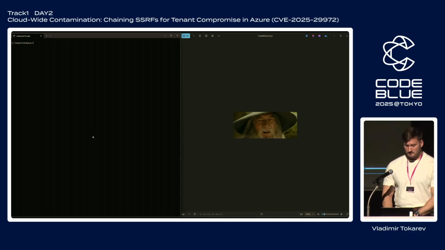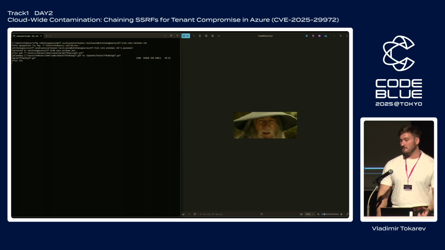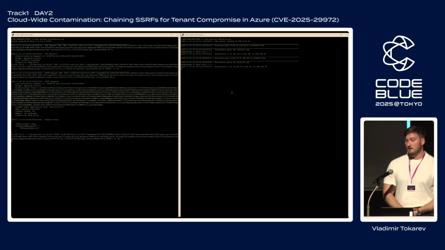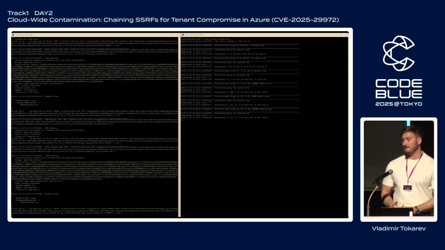And so, yeah, on the right side, we have the GIF of Gandalf shaking his head. I love Gandalf very much because this is why we have it. On the left side, we have SFTP, a victim user uploading this GIF into the SFTP. Now, the attacker attacks this SFTP account with the spray and pray for bind attack we talked about. Again, right side DNS, left side HTTP. Again, on the left side, we're waiting to see only a GET received, because that would mean that the other requests were sent to the SFTP storage account and regenerated the password.